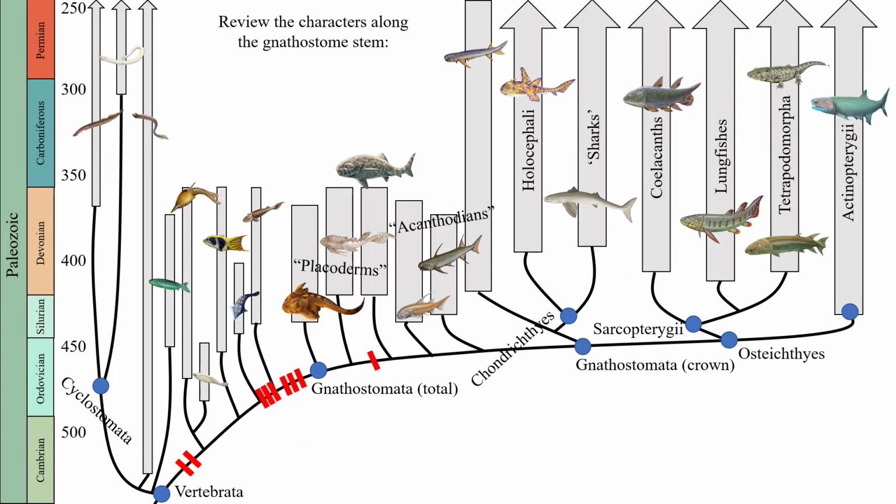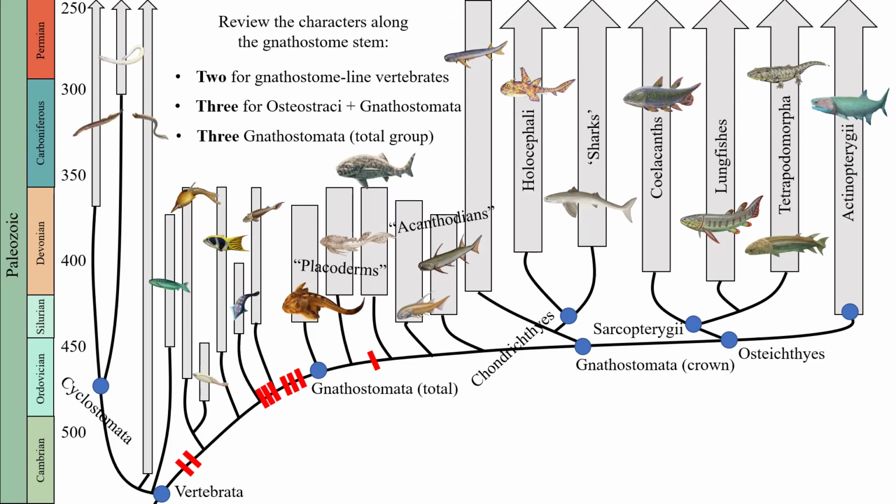So if I tell you about some new animal, you'll be able to know, oh, it's supposed to have all of this stuff because it's been inheriting through evolution different stages, different synapomorphies along the way. So I've given you 1, 2, 3, 4, 5, 6, 7, 8, 9 characters that unite all the crown gnathostomes. Everything over here has a bunch of stuff that's shared, and then everything we've already met has some amount of it, but not all of it.